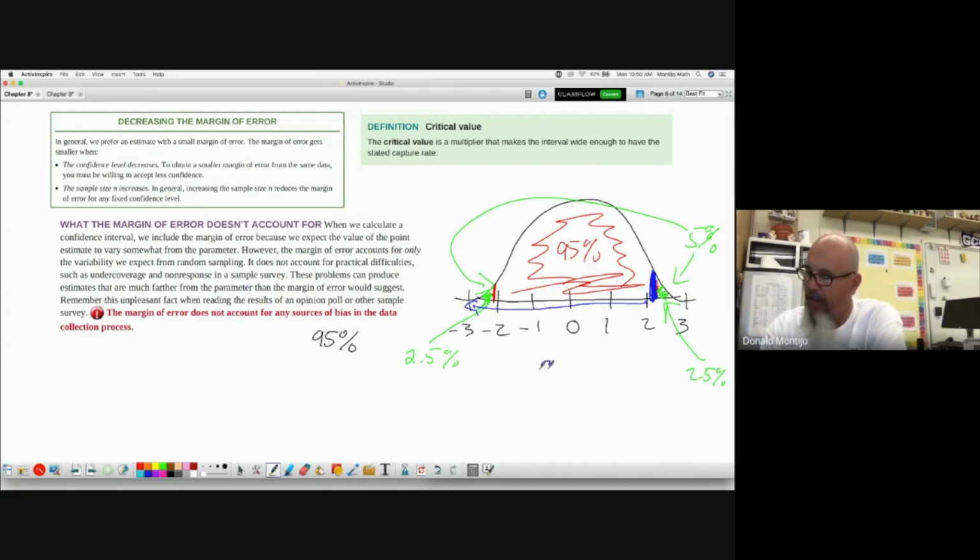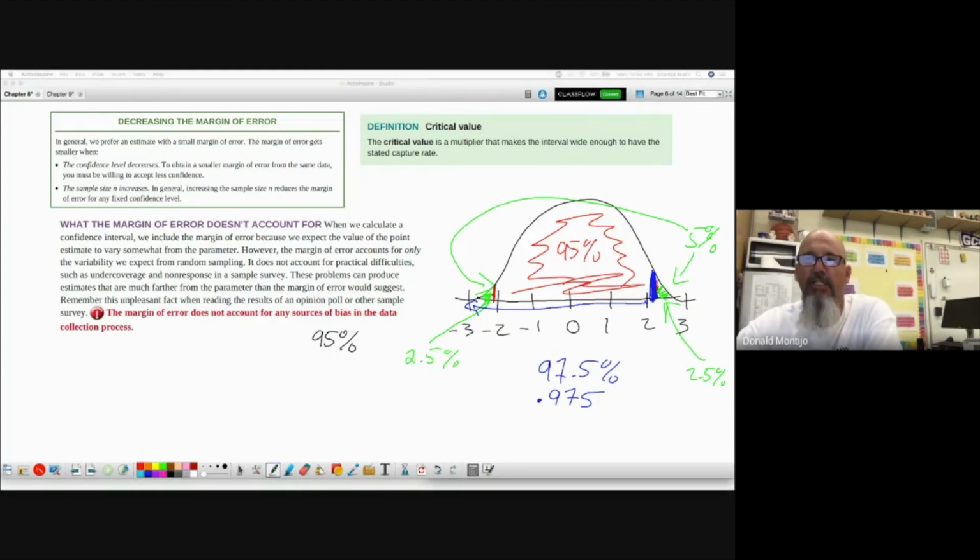Well, that area is 97.5%, or in proportions, 0.975. The area is 0.975, which equates to 97.5% of all the data lying less than or to the left of that point. Well, what is that point?